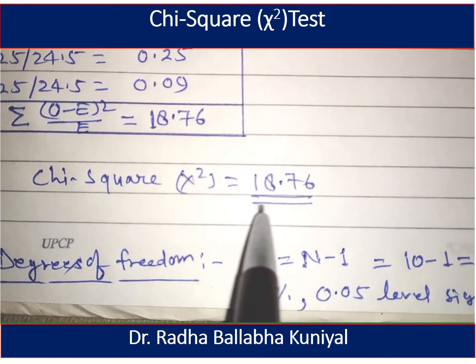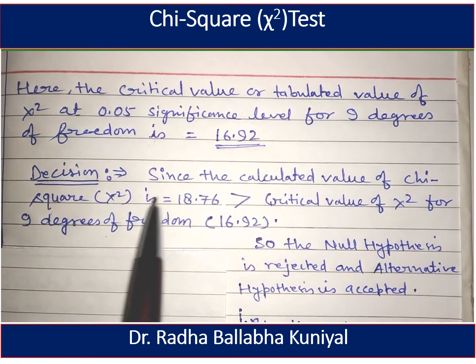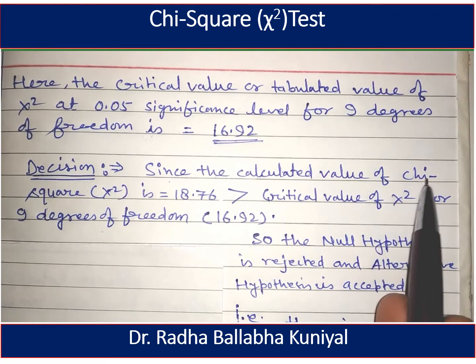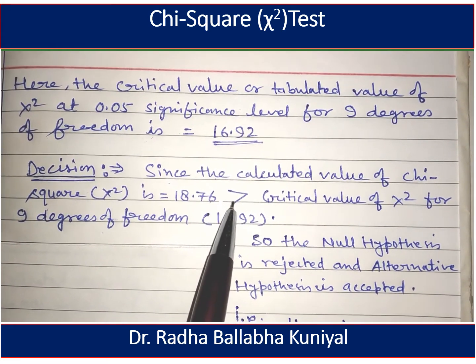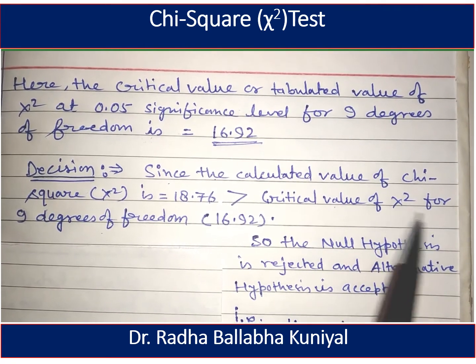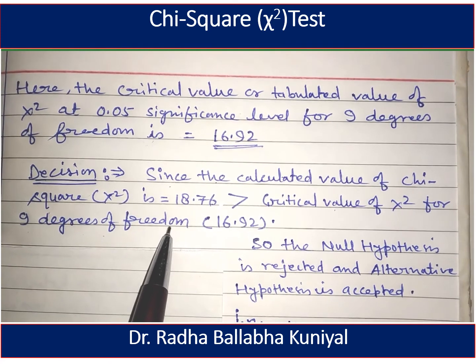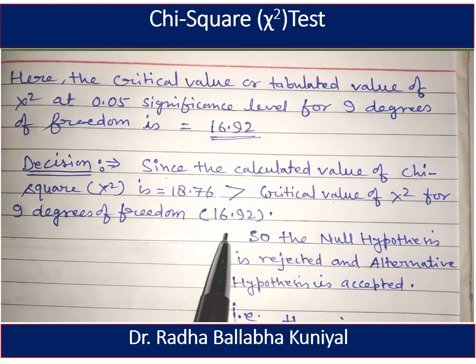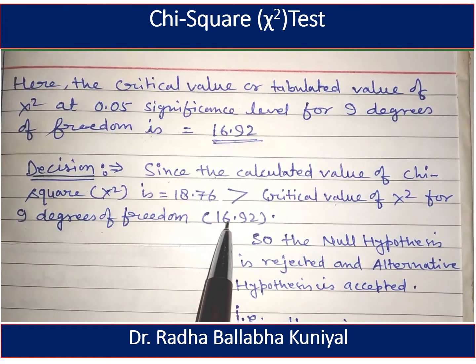Now we have to make a decision by comparing this tabulated value to our calculated value of chi-square. Here the decision is, since the calculated value of chi-square is 18.76, which is greater than the critical value of chi-square for 9 degrees of freedom at the 0.05 level of significance, that is 16.92.